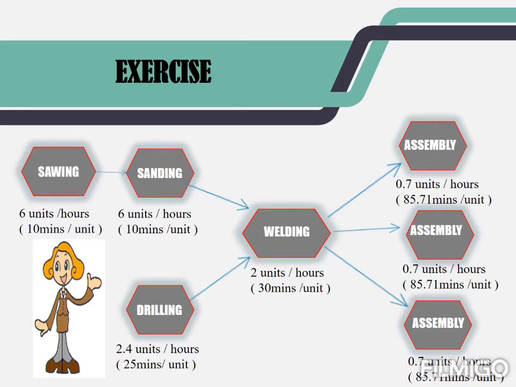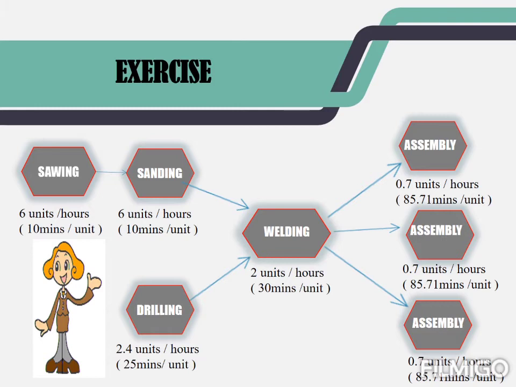Sawing takes 6 units per hour, sanding 6 units per hour, drilling 2.4 units per hour, welding 2 units per hour, assembly 0.7 units per hour.